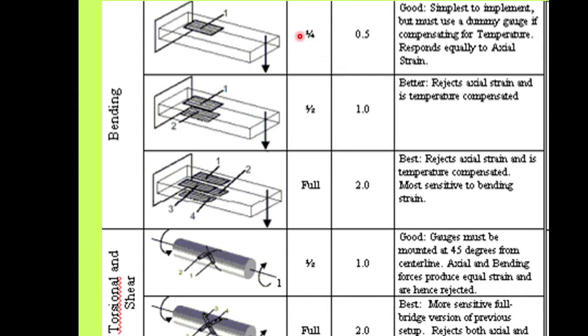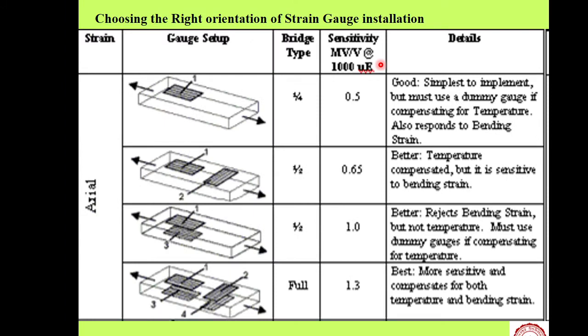This is known as quarter bridge. And here in quarter bridge this value is becoming 0.5. What is this value? This is millivolt per volt at the rate of 1000 microstrain, right?